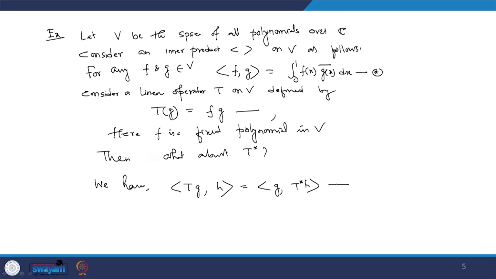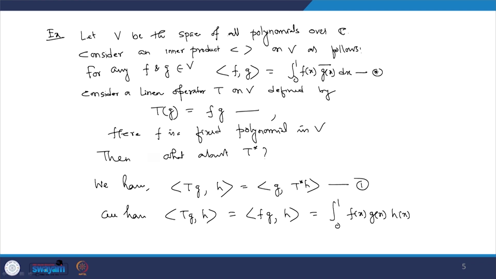If it exists, then how is this T star defined? That we have to see. We have the inner product of Tg and H equal to the inner product of fg and H, which is equal to the integral from 0 to 1 of f of x, g of x, h of x bar dx.